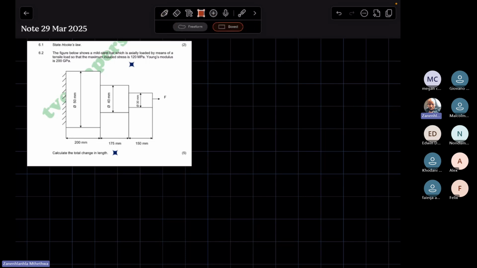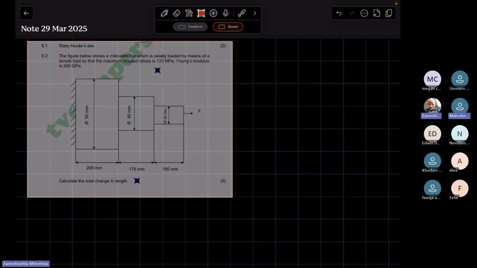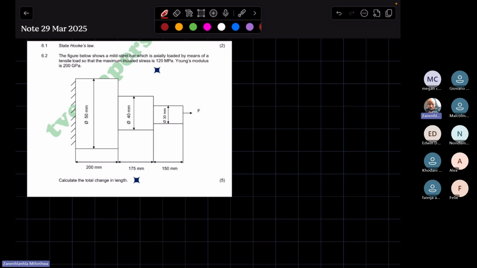Can you see the problem I've just attached? Yes, sir. Let us look at this problem and how you attempt such a problem. Remember to mute your mics until you need to say something or ask something.